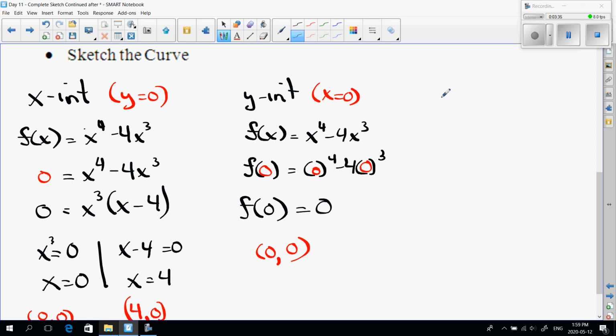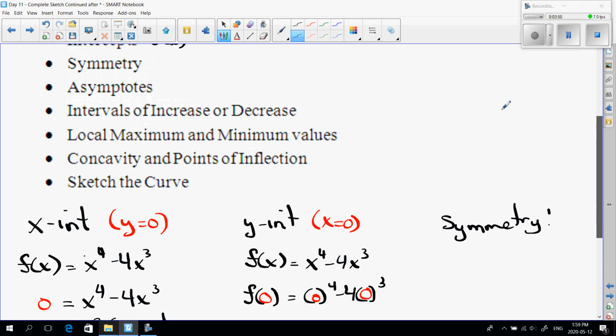Now we're going to look at something called symmetry. There's a little test to see if a function is symmetric. And again, for symmetry, we are going to use the original function, f of x. I'll just write a little note over here.